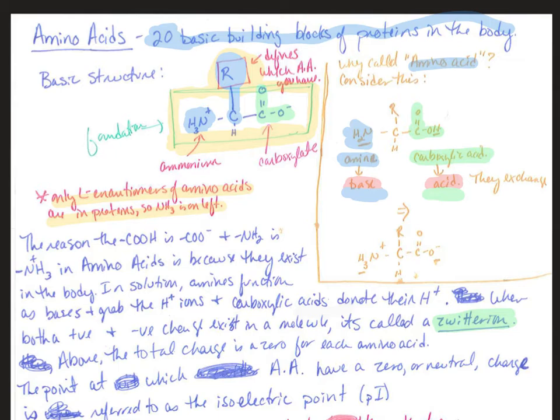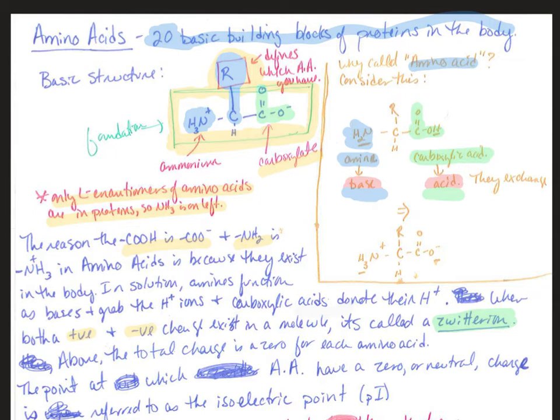So we call that a carboxylate instead of a carboxylic acid just because it's missing its acid portion, so the H is gone. Okay, so the reason why the COOH is COO minus and NH2 is sort of just explained a little bit further down here, and we'll talk about that on the next page as well. So this says positive and negative, just so you know. But if a positive and a negative exist in the same molecule, that's what I mean by a Zwitter ion.